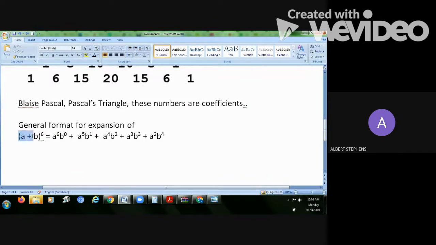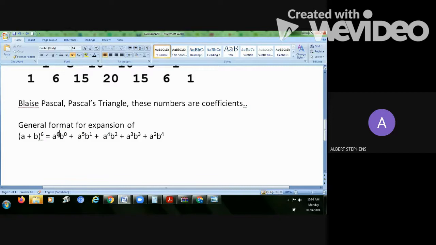This is A plus B to the 6, right? So what I was saying is that the A takes the highest power. You follow? And if A takes this power, B is going to take the lowest power, which is 0. So if you have A6, the one beside it must be B0.